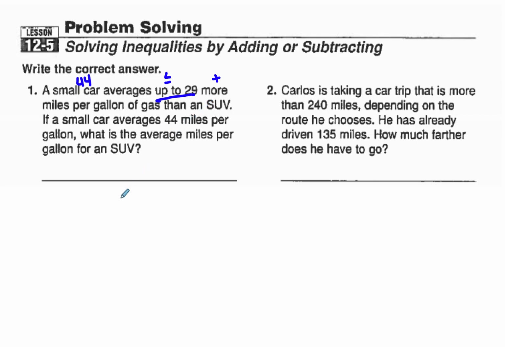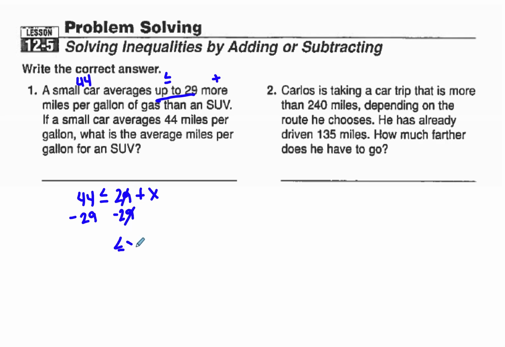All right. So now we are going to write our inequality with the keywords that we found. 44 is less than or equal to 29 plus, I'm just going to call it x. All right, so we need to figure out the average miles per gallon for the SUV. This is a plus 29. We're going to subtract 29. I'm going to line up my place values here. 29 minus 29 is 0.